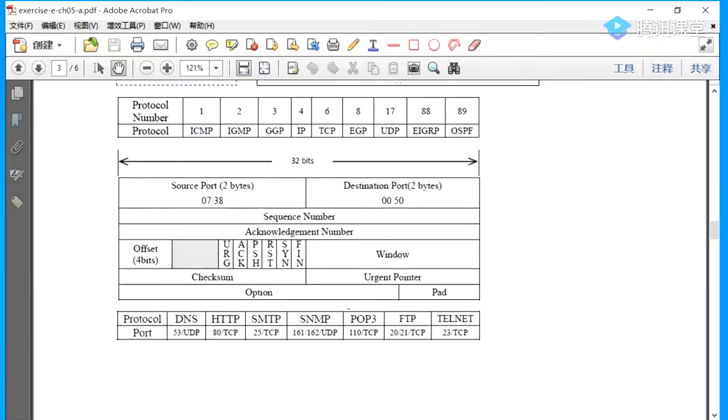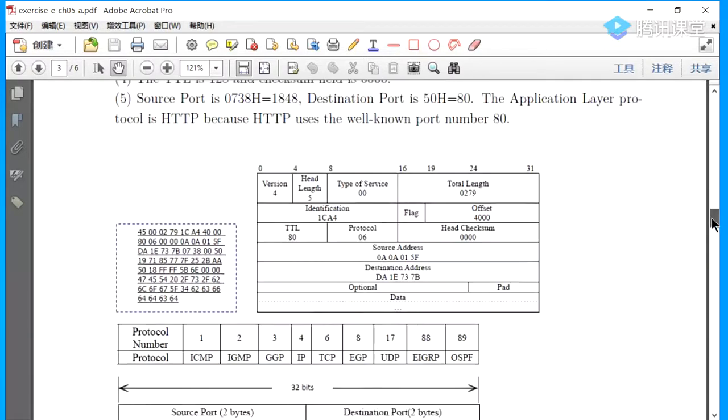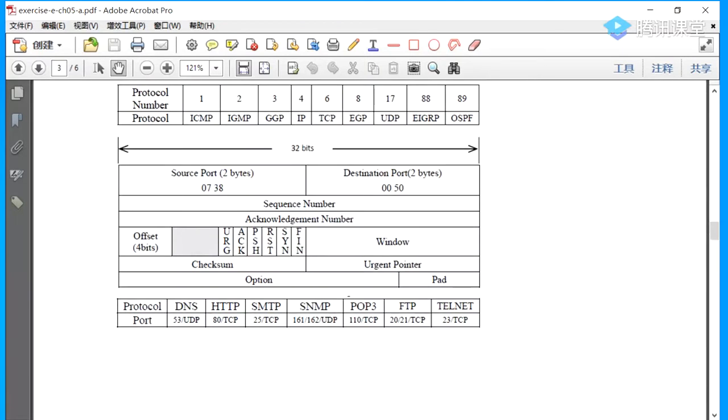So we should look up the port number table here. 80 means the application protocol is HTTP protocol.